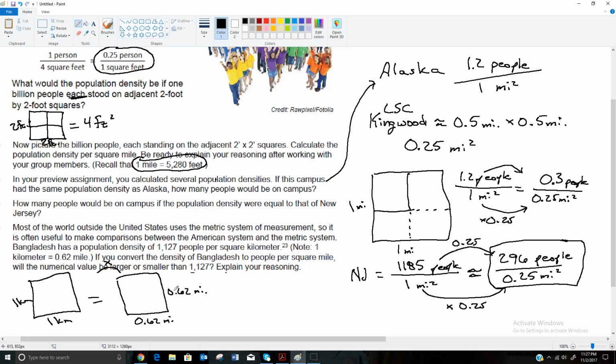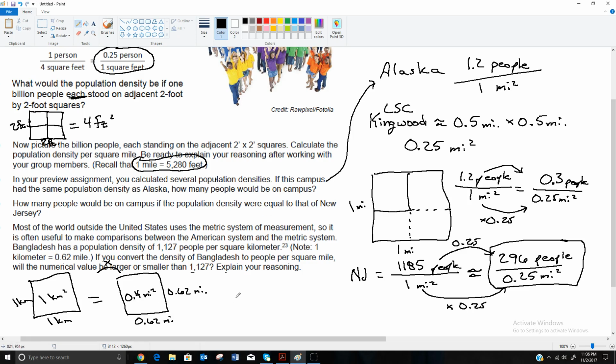So if I take 0.62, the width, times 0.62, the height, I get that this is, I'm just going to say 0.4. It's 0.3844, so it's actually not even quite 0.4 square miles. So 1 square kilometer is about 0.4 square miles.